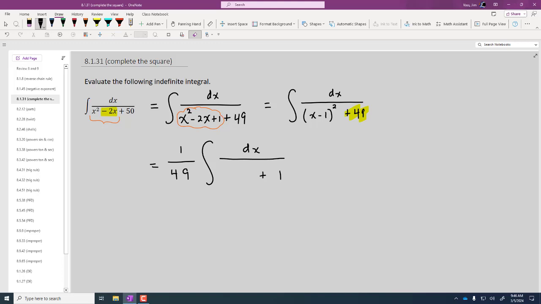You're looking at this and seeing that there's not a 49 here. Well, we can put one in, and the 49 that factors out is that one, so that's coming out to the front in the denominator. We're left with a 49 in the denominator here, and we want to turn that into a square, so we write that as x minus 1 divided by 7 quantity squared.